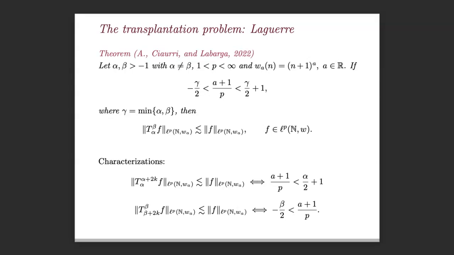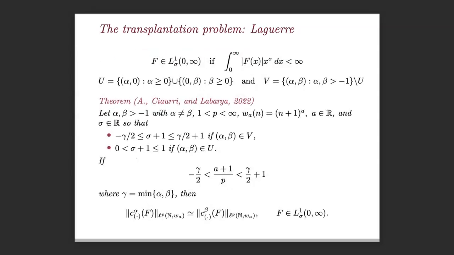We have only proved a full characterization for the weighted norm inequality in the special case considered previously by Askey, and the analog for the case alpha equals beta plus 2.